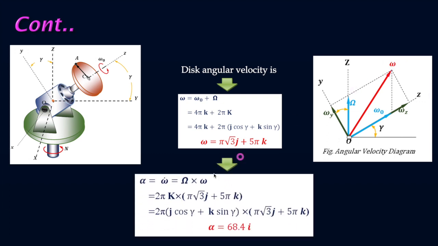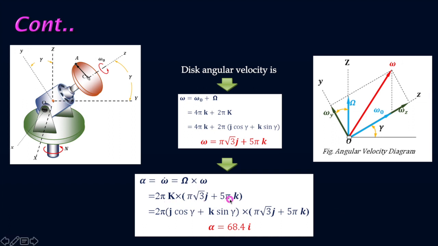Then to find the angular acceleration of the disk, just take the time derivative of omega. And we know from the Coriolis concepts, which I explained in the last lecture, that omega dot equals the cross product of capital omega and this omega.